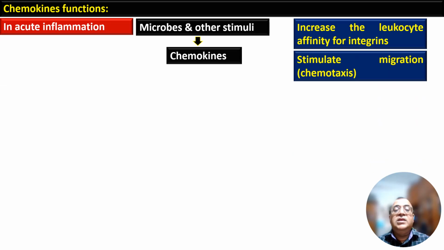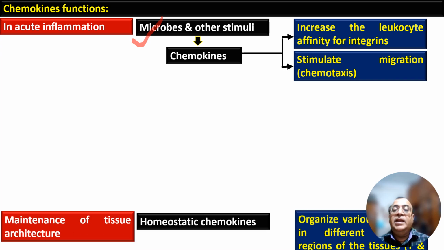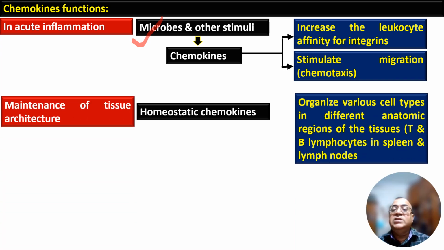Now, what are their functions? Basically, these function in acute inflammation, and these chemokines are induced by microbes and other stimuli, and then these increase the leukocyte affinity for integrin, and they also stimulate migration, that is chemotaxis, and they also maintain the tissue architecture by the presence of some homeostatic chemokines.